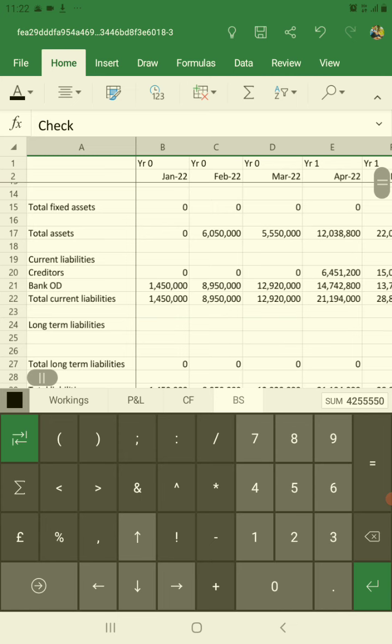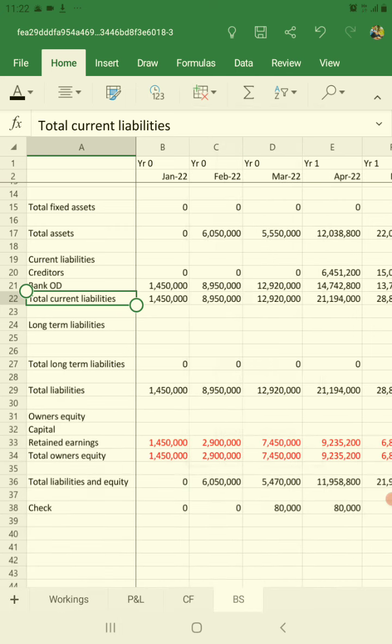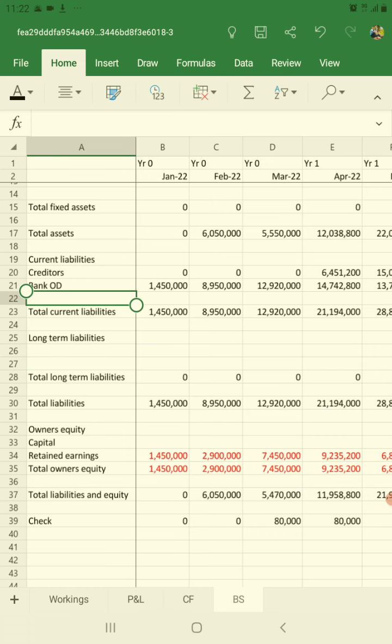Okay, so let's put it below bank OD. So I insert row below bank OD in order to accommodate accruals.